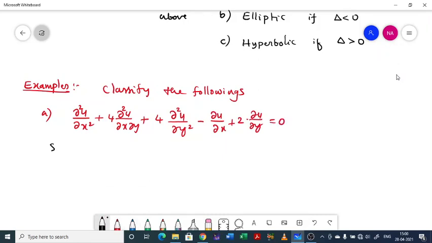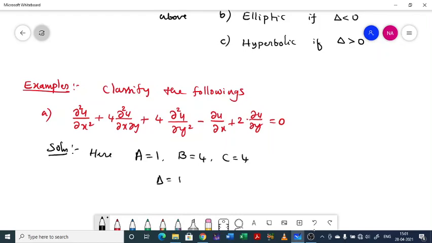Solution. Whatever the coefficients of first order derivatives, we don't worry about this part. We have to worry only about the coefficients of second order partial derivatives. Coefficient of u_xx is 1, so a is 1, b is 4, c is also 4.